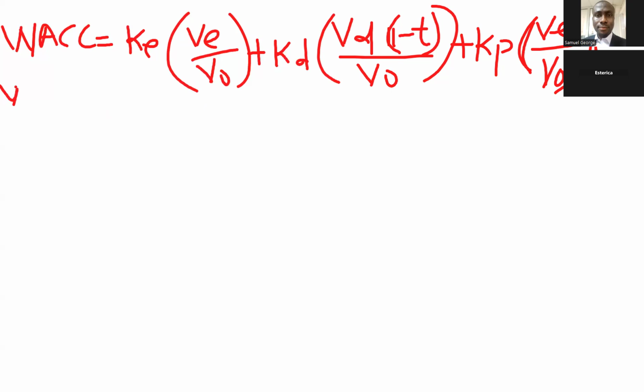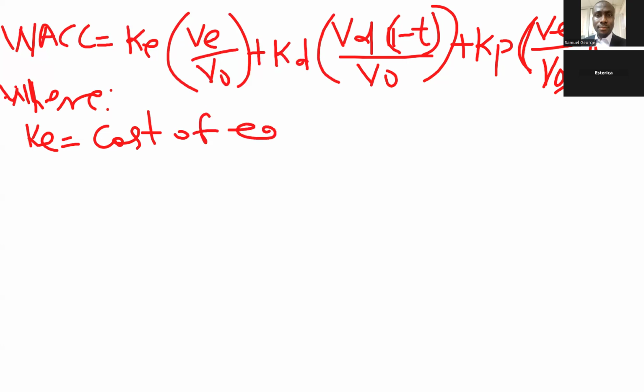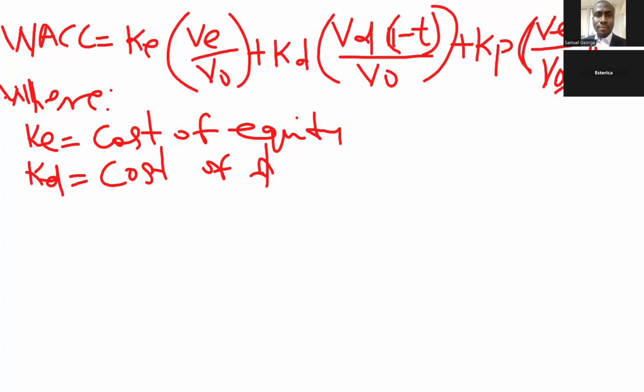So let us say what we have. KE stands for cost of equity. KD stands for cost of debt.